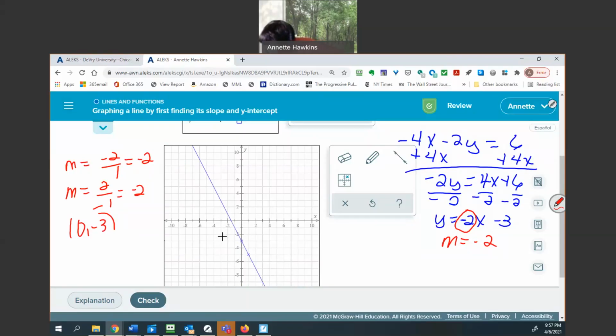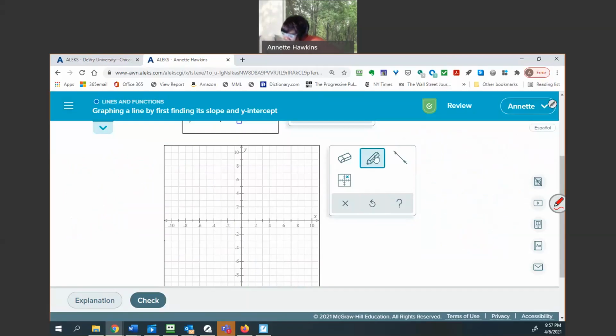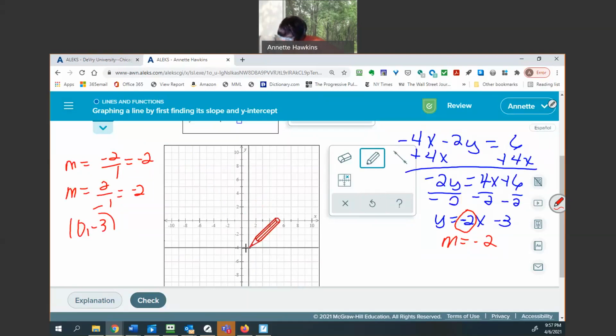Let's make sure. Let's undo that. I'm going to put these points here. So 0, negative 3 is here. Down 2, to the right one, put a point there.